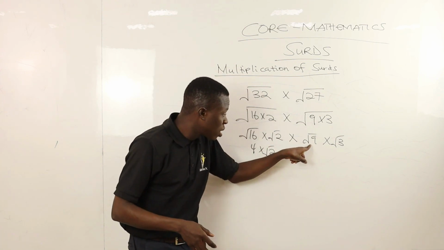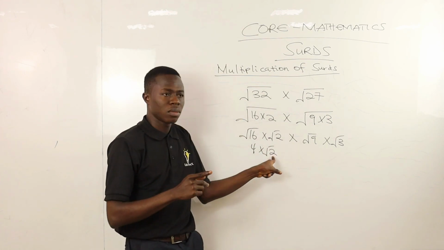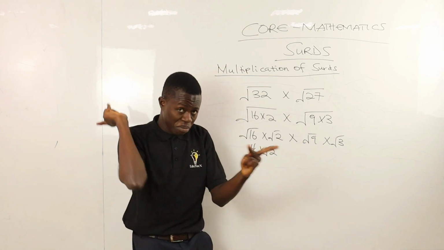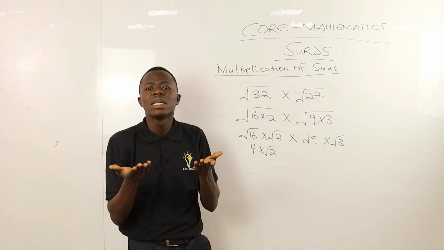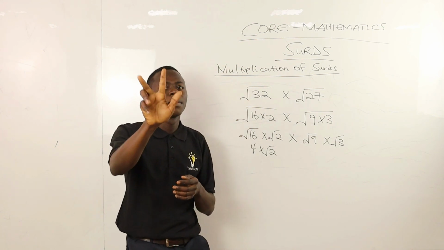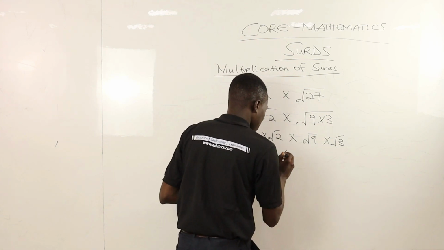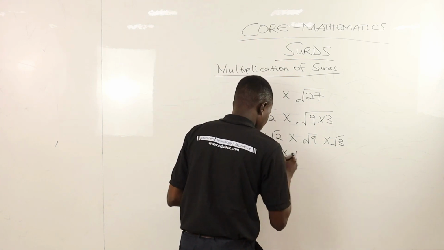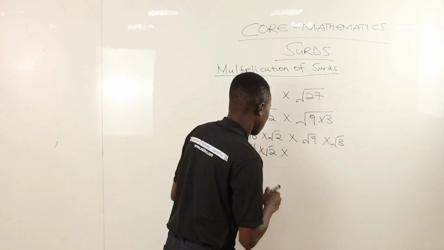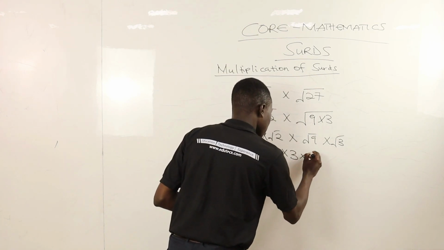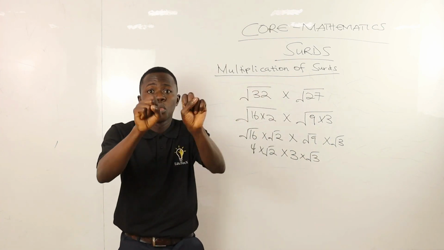Then we move to the other terms. 9 is a perfect square. So square root of 9, and then the answer is going to be 3. So 4 square root of 2 will be multiplied by 3. And then obviously we know square root of 3 will be maintained as well, since 3 is not a perfect square.